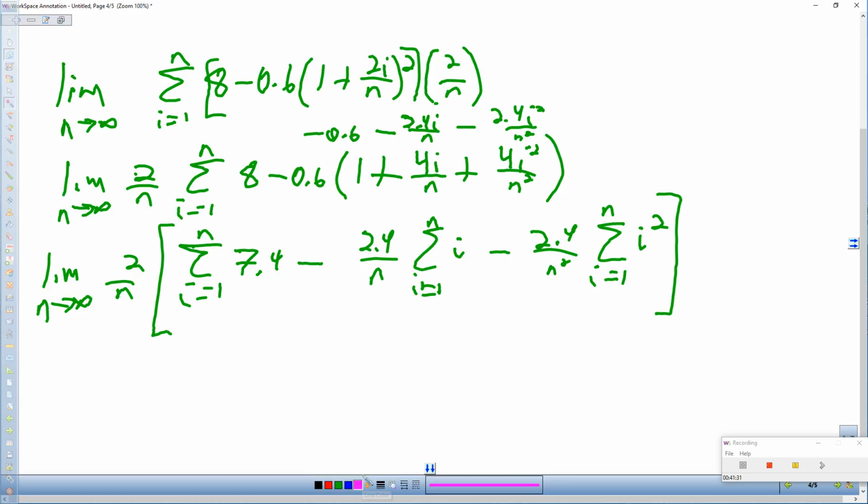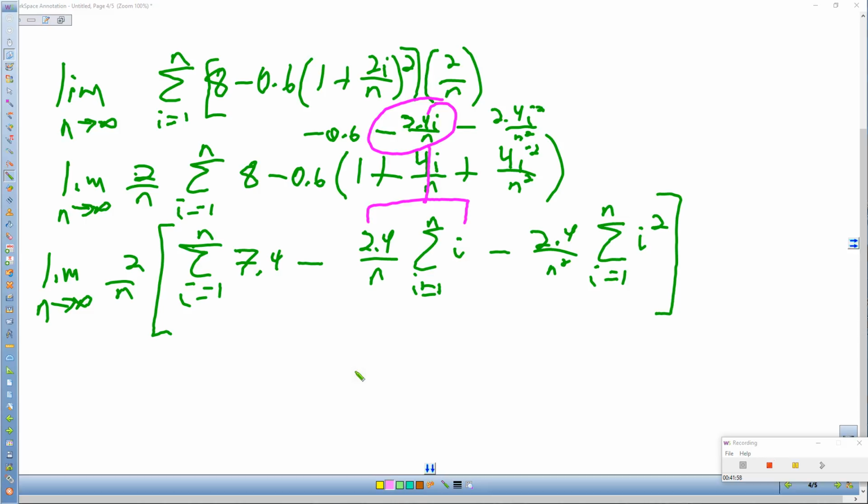I pulled it out of this sum, because this one doesn't have an n squared. This one right here became this part. So I just took each one of these parts. The first part was this combined with that, and it became this part. The second one, negative 2.4i over n, became this.